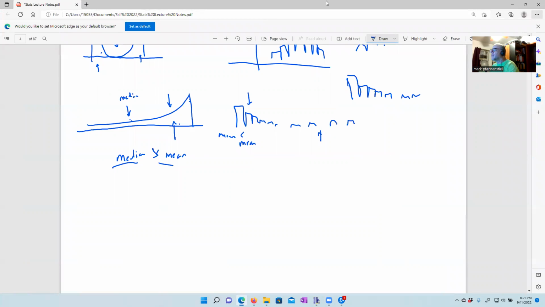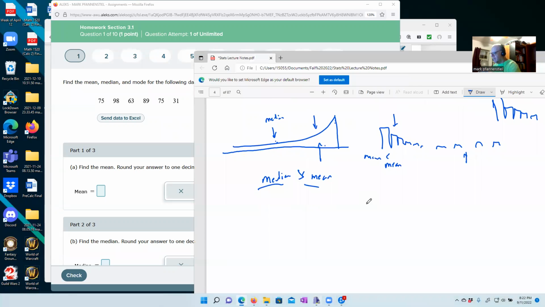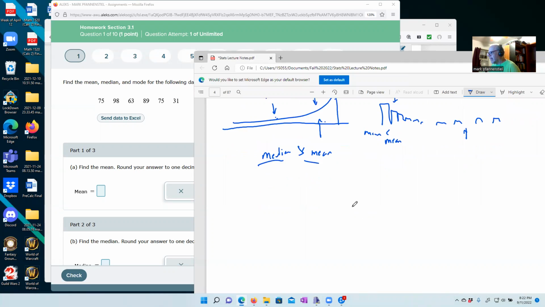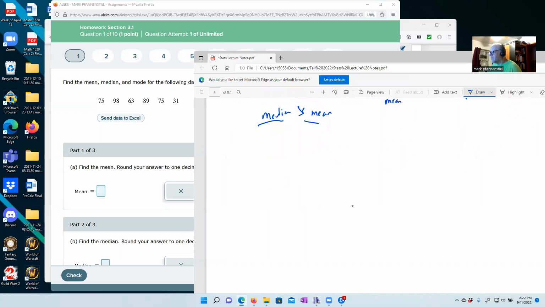When I'm doing this by hand, one of the ways to do this is sorting. The fastest way to sort this, I'm so sorry, 21st century, we still make us do this.